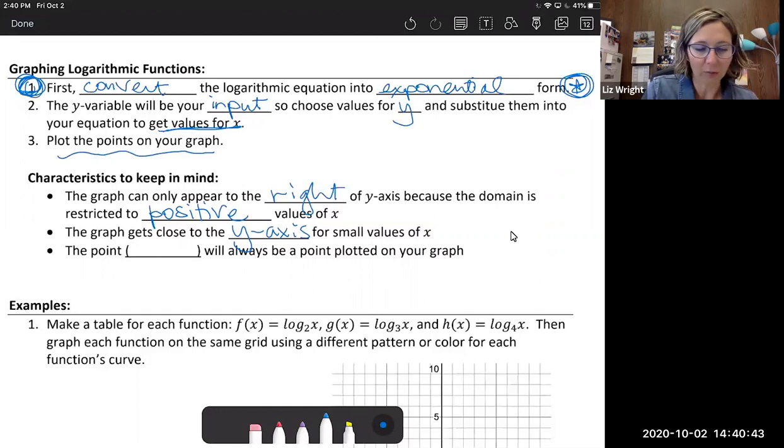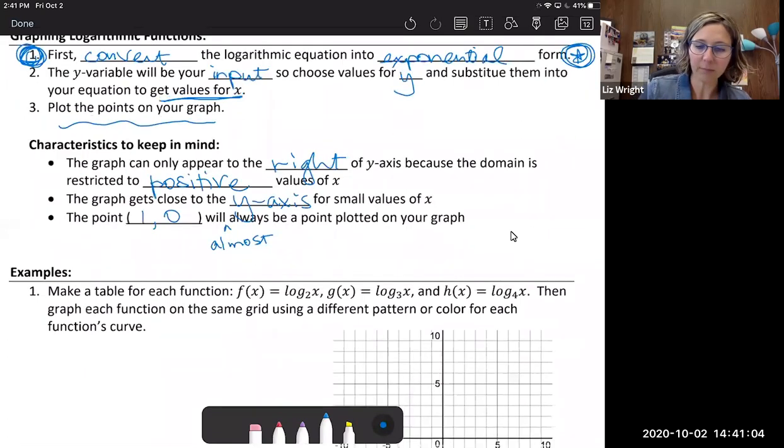The point (1, 0) will almost always be a point plotted on your graph. Just like in exponential form, we had the point (0, 1) that's almost always on our graphs. Well, this time it's going to be (1, 0) that's almost always plotted on our graph.